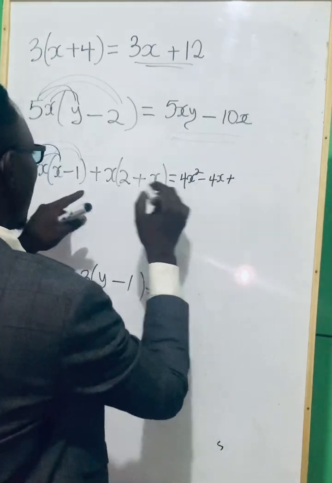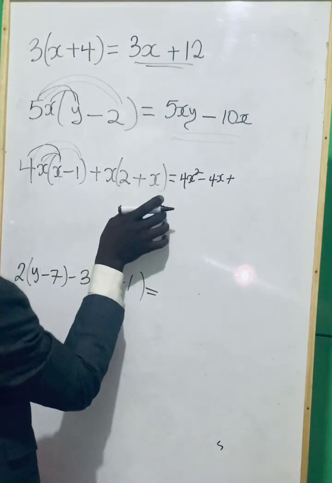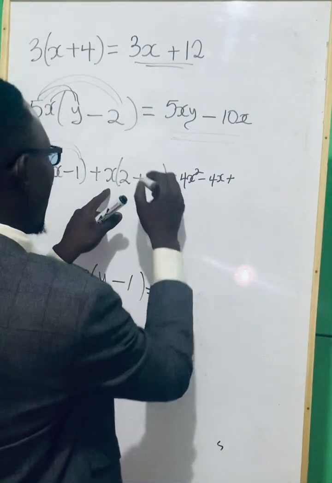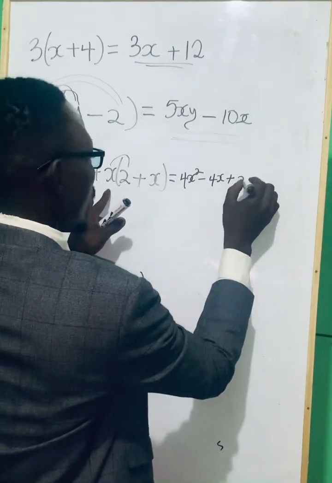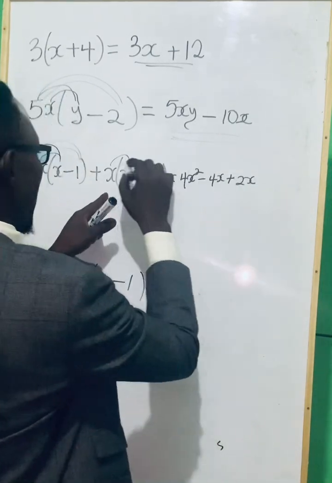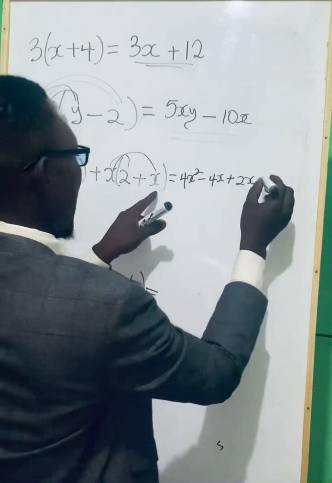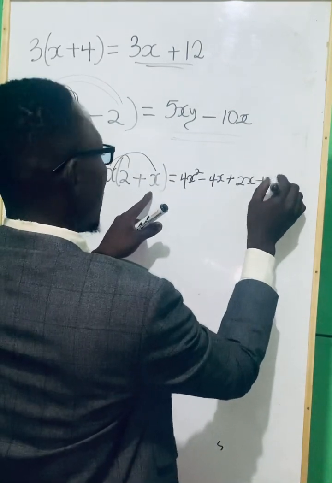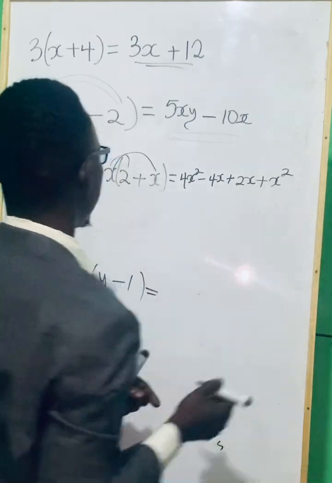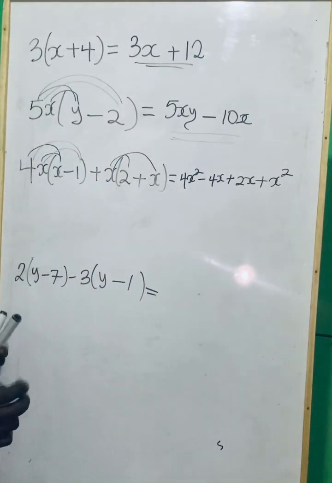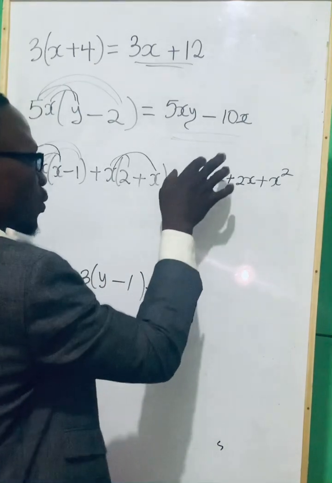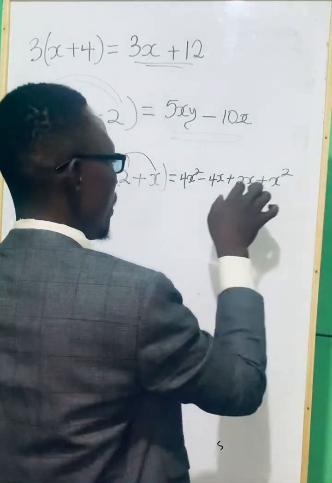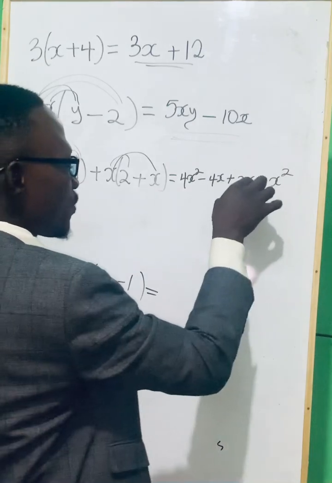Plus, now remember, this doesn't have anything to do with that, so focus on this as well. So we have x by 2 is plus 2x, and x by x is plus x squared. That's it. So we can go ahead to simplify this, because we have 4x squared here, we have x squared here, we have 4x here, we have 2x here.